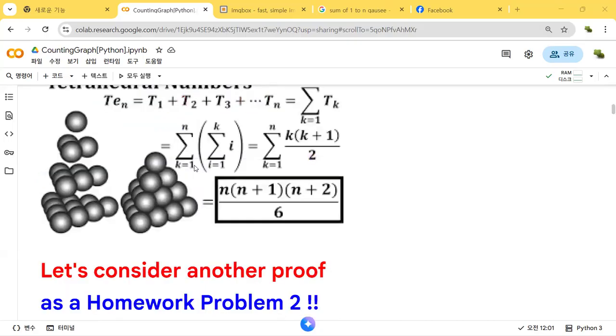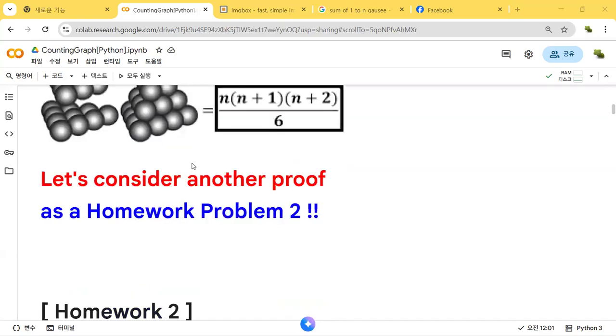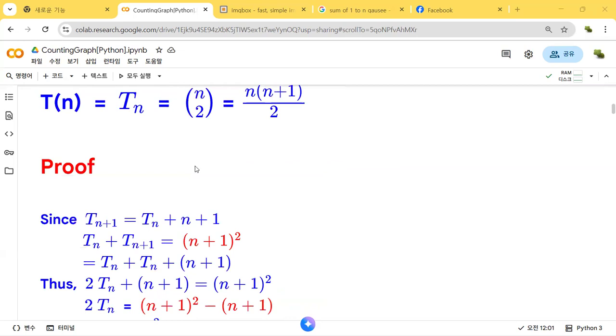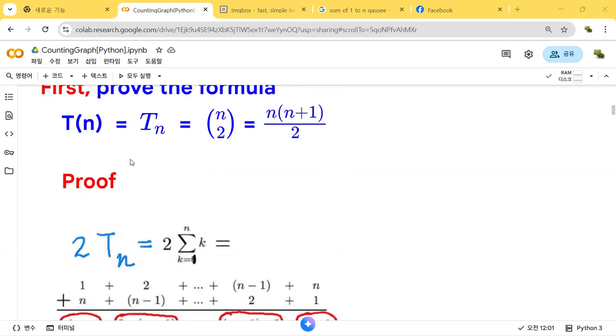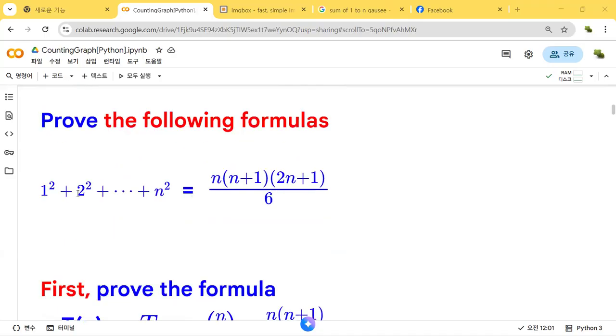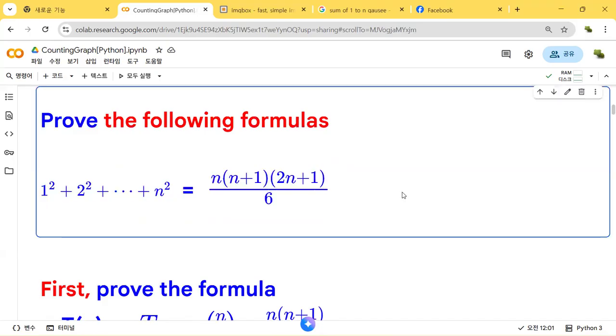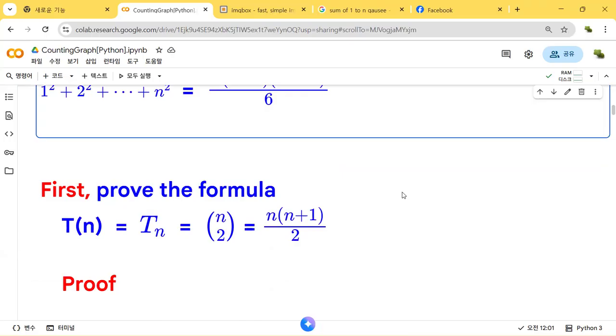But there is another way. You may use this proof also to prove the triangular number formula. Okay, so our goal is to prove this one, but this formula can be solved using triangular formulas and tetrahedral formulas.